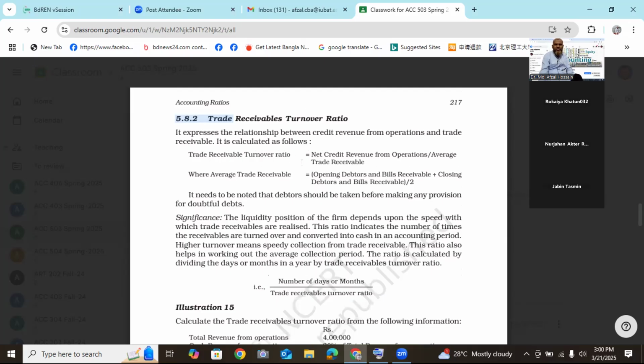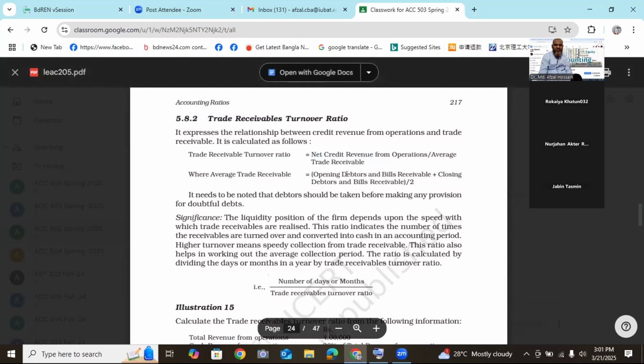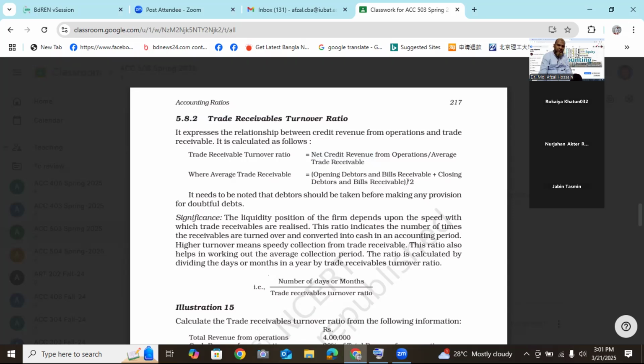The formula: trade receivable turnover ratio is net credit revenue from operations divided by average trade receivable. The net credit revenue or net sales divided by average receivable, where average trade receivable is opening receivable plus closing receivable divided by 2.